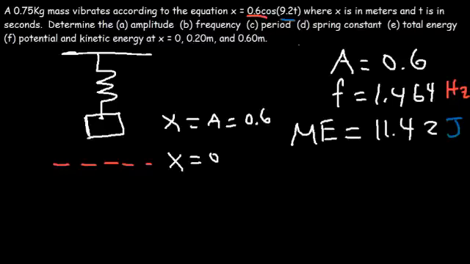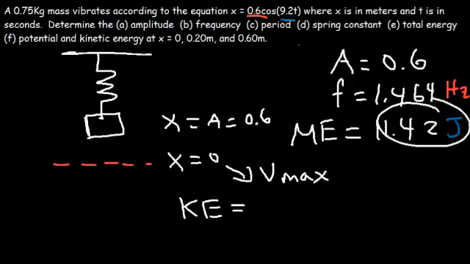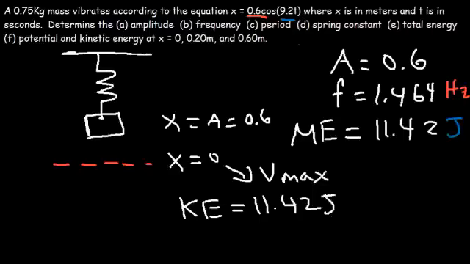When x is 0, the velocity is at its maximum, which means the kinetic energy is at its maximum. So at x equals 0, the kinetic energy is equal to the total energy, which is 11.42. And when x is 0, the potential energy is therefore equal to 0. So that's the answer for the first part. When x is 0, KE equals ME, that's 11.42 joules, and PE is equal to 0.